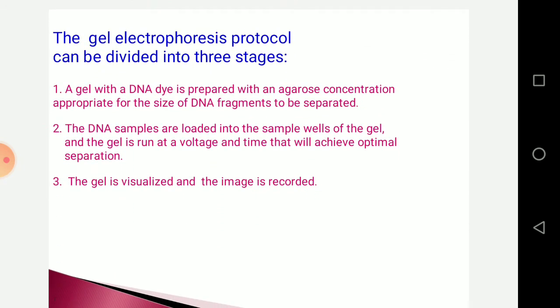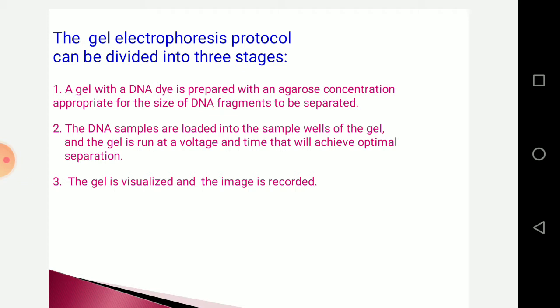The gel electrophoresis protocol can be divided into three stages. So how this entire procedure is done? It is basically divided into three major stages. A gel with DNA dye is prepared with an agarose concentration appropriate for the size of DNA fragment to be separated.